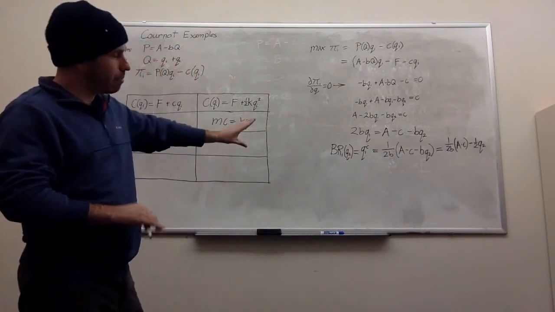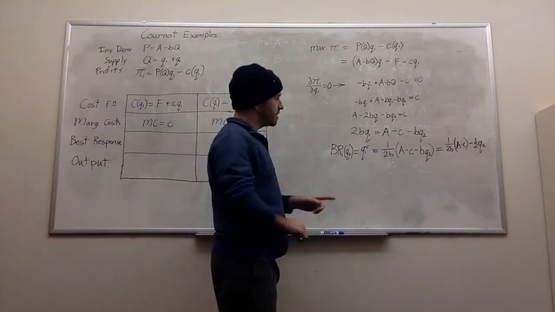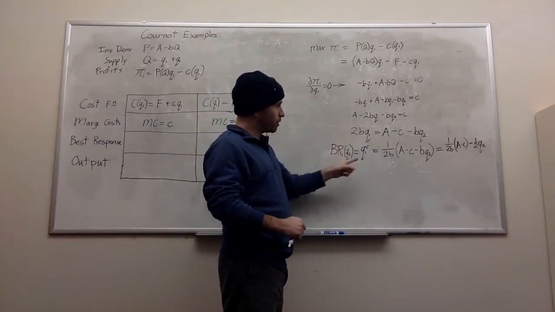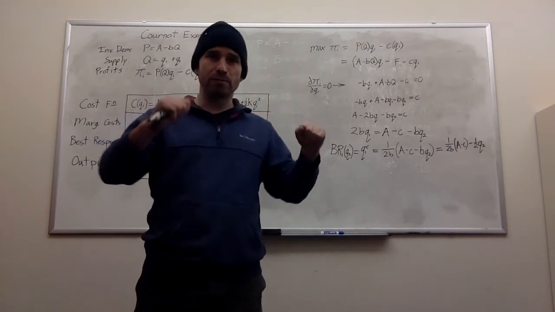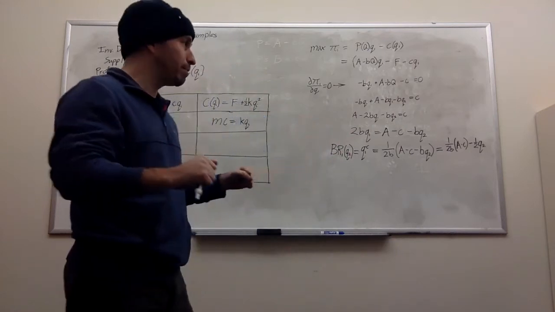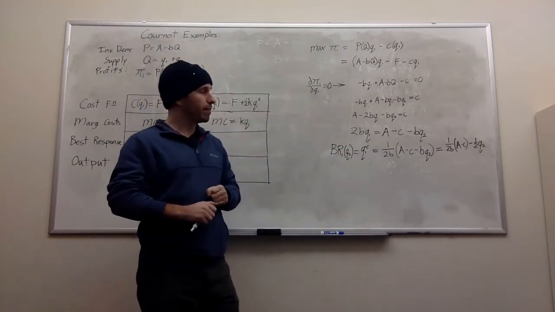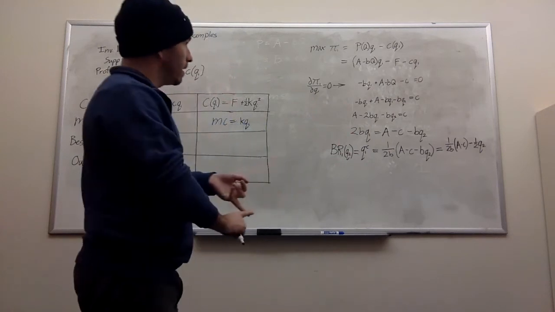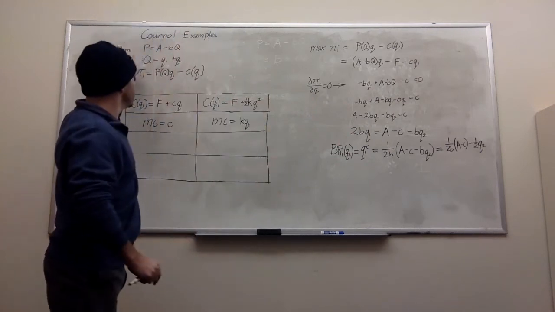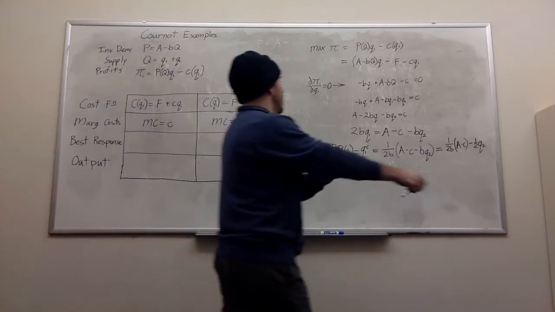However, this problem is symmetric, and so what I know is that when both firms are playing their best response, because both firms are solving the exact same problem, Q1C is going to equal Q2C, right? They have the same cost functions. They're subject to the same inverse demand and all of the same conditions, right?